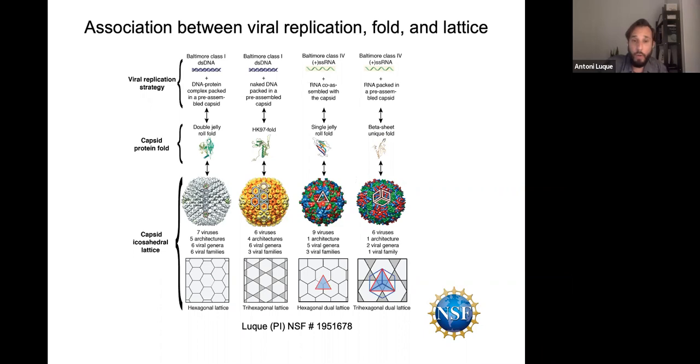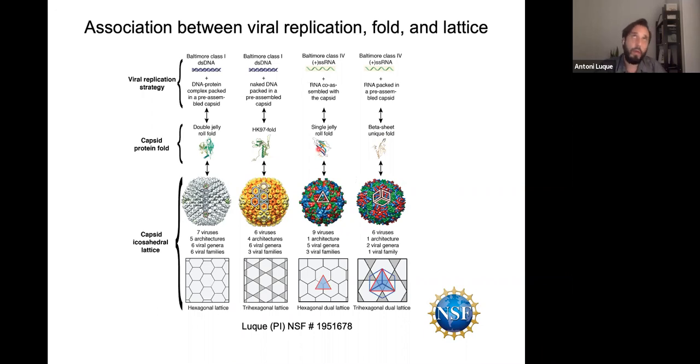And then maybe your strategy of co-assembling with the RNA is not the most convenient one in that case, just because of the physical constraints that you're suddenly acquiring. The same fold also can be placed in different ways. So you have vertical and horizontal single jelly rolls, and they lead to completely different lattices, and they're associated with completely different genome packing.